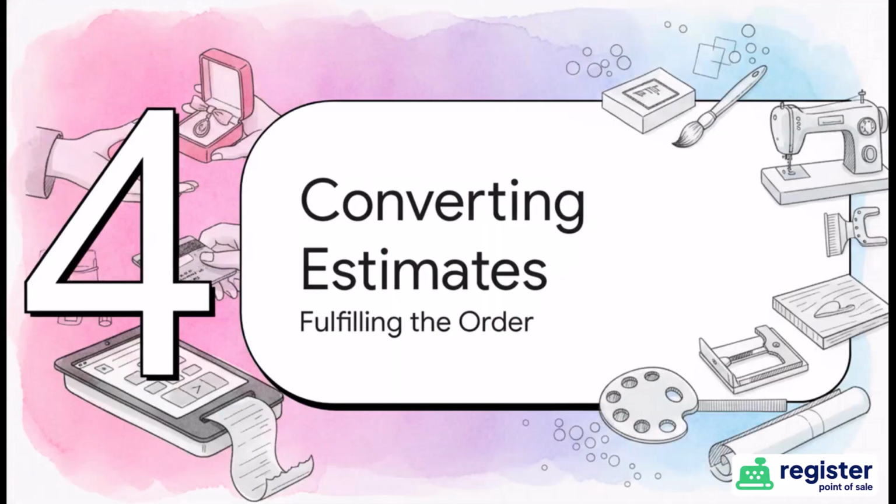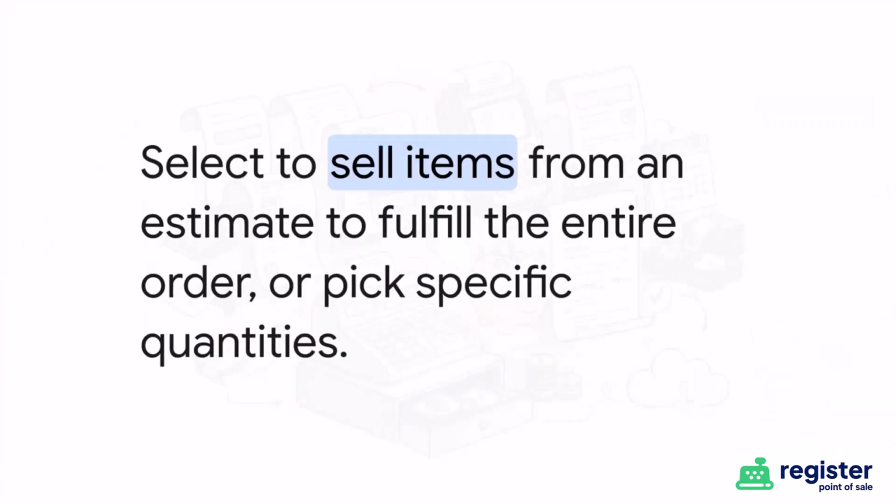Next up, Section 4, converting estimates to sales, fulfilling the order. When the customer actually comes back, converting that estimate is incredibly seamless. You just search for the estimate number or the customer's name, open the record, and select Sell from Estimate. From there, you have total flexibility. You can select all items to fulfill the entire order at once, or, say only part of the order has arrived, you can pick and choose specific items and quantities to finalize right then and there.